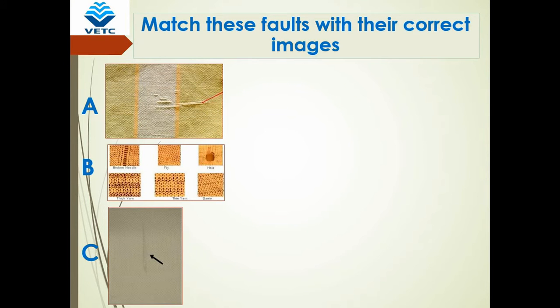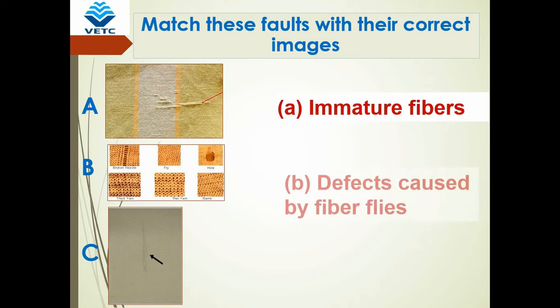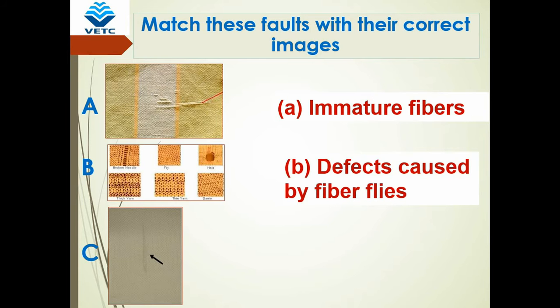Look at these faults and try to match each fault with the correct image A, B, and C. The faults are A, immature fibers, B, defect caused by fiber flies, and C, faulty yarn. And here you can see on the screen, in picture A, the different viscose staple yarn batches.